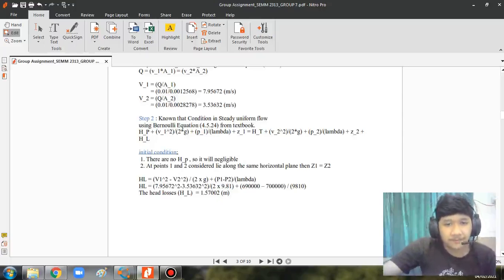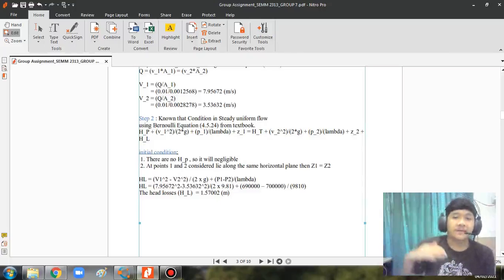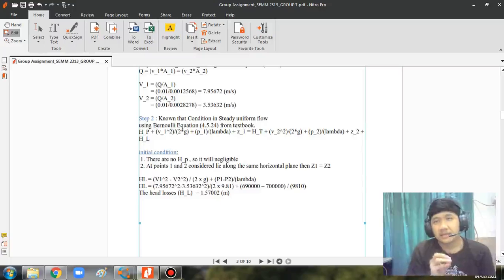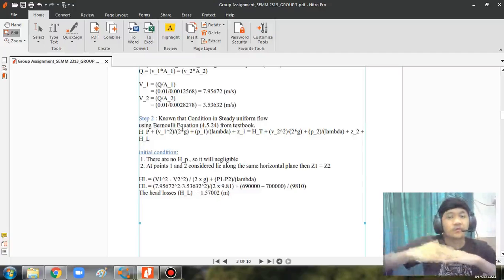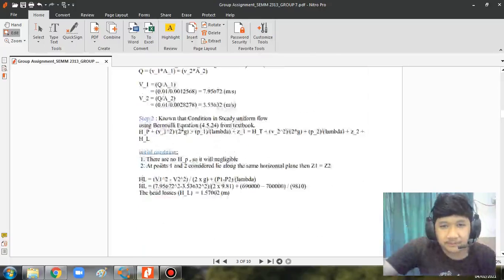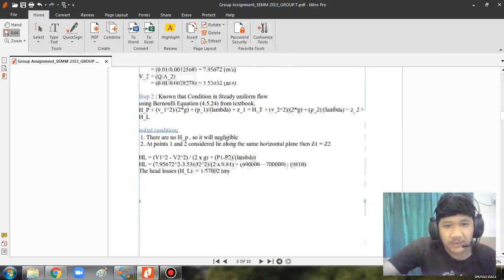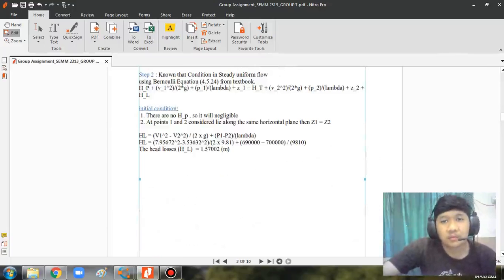Sorry about that before. Then we have points 1 and 2 lying along the same horizontal plane. If we have a horizontal plane in the schematic diagram, we can assume that datum 1 is equal to datum 2. So that's why we can assume that Z1 equals Z2. Then we calculate the HL.